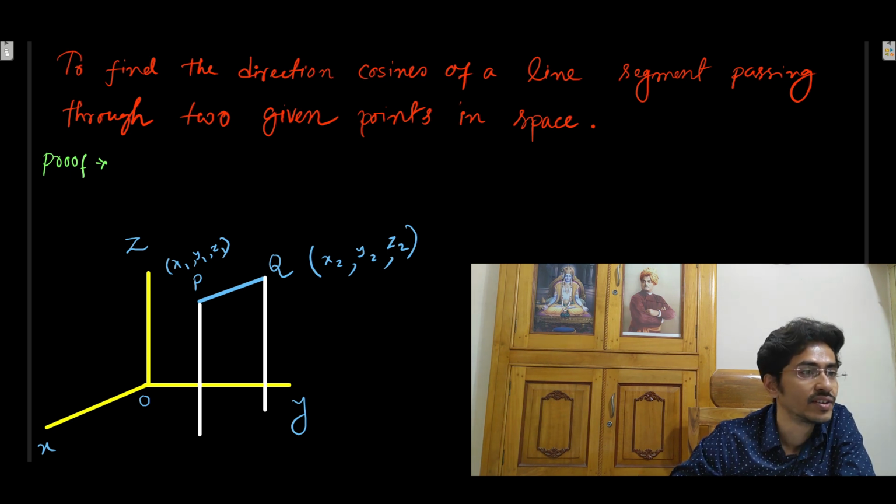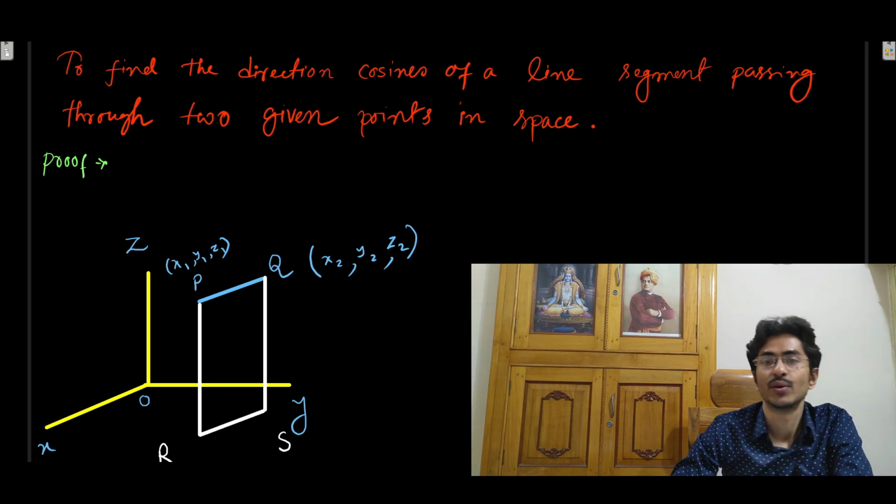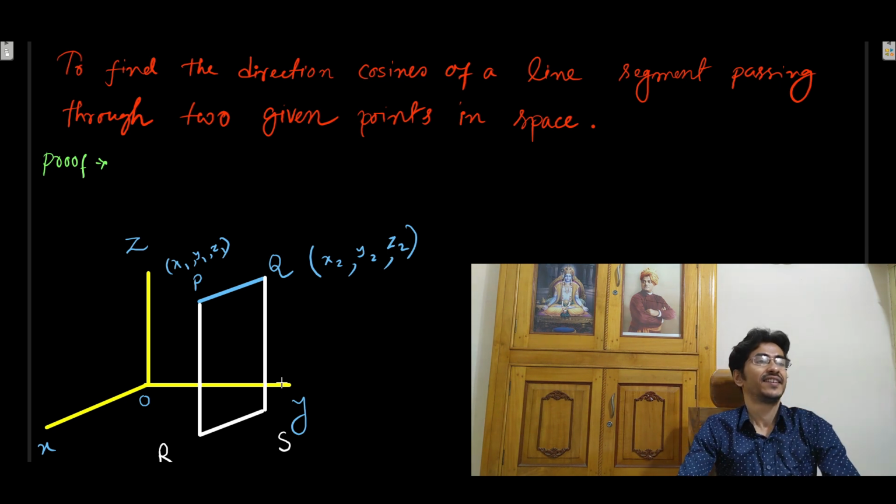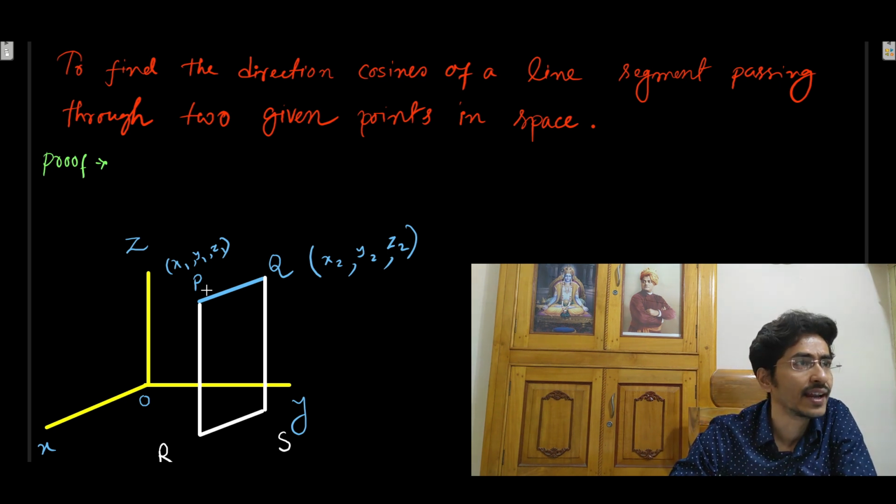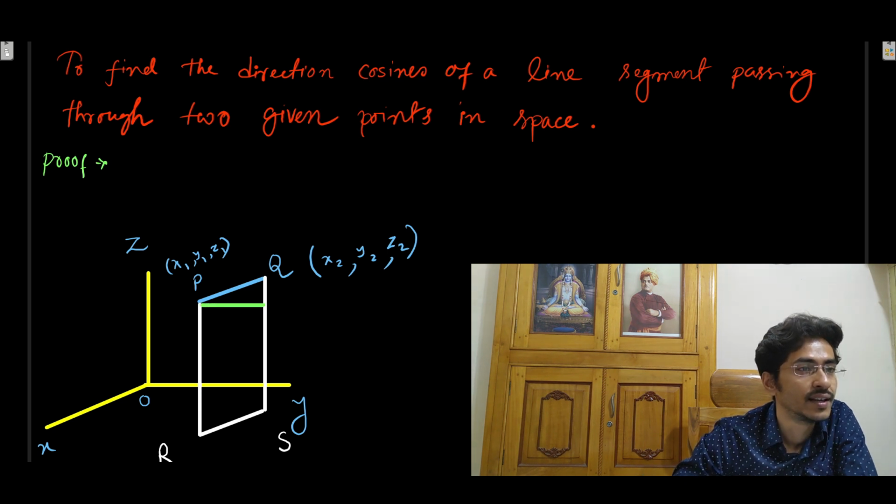Say they meet at R and S. We will join these 2 points R S. Okay. Now draw again another perpendicular from this point P to QS. Name this point as N.